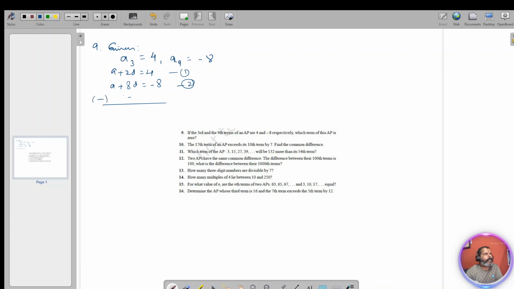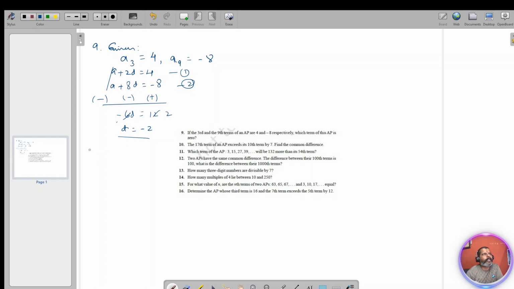You have to subtract so that they get cancelled, and before subtracting you change the signs of the second line. You should know solving two variable equations here. So 2d minus 8d is minus 6d, 4 plus 8 is 12, therefore d equals minus 2. D is minus 2.